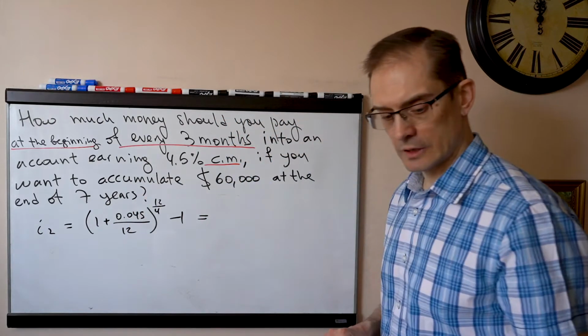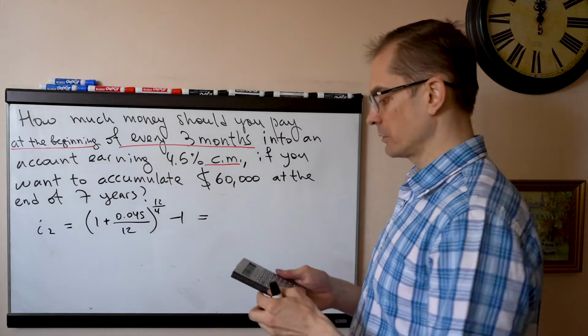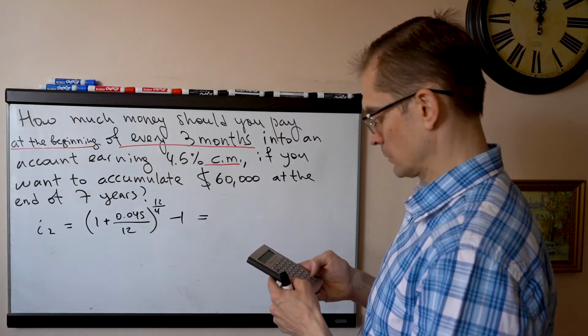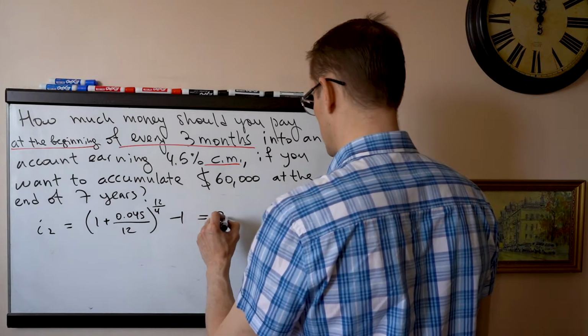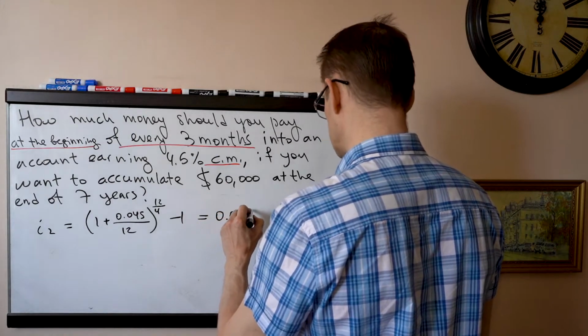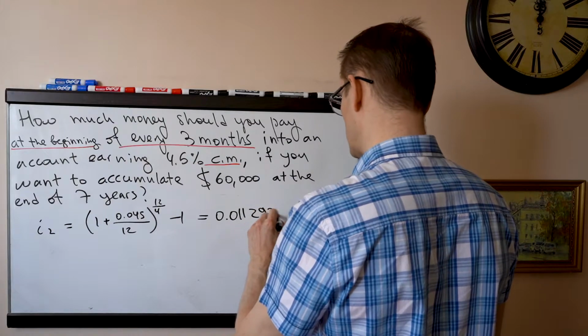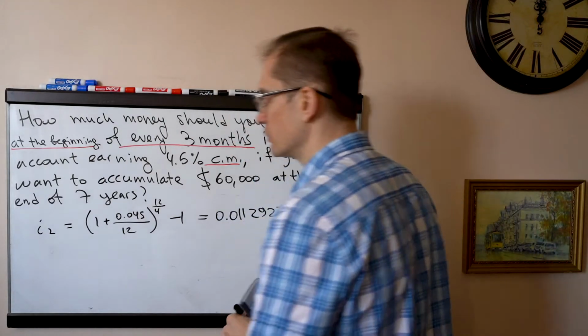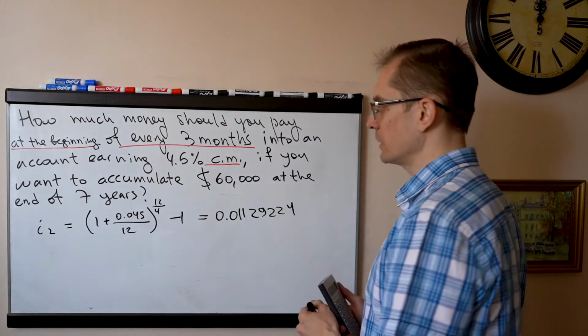So we convert this compounded monthly rate into a compounded quarterly rate. So this I2 is 0.011292224. So that's I2. With this I2, the annuity becomes a simple annuity.